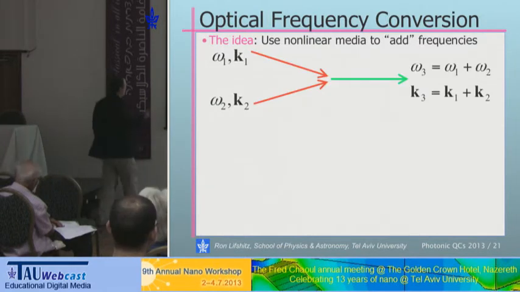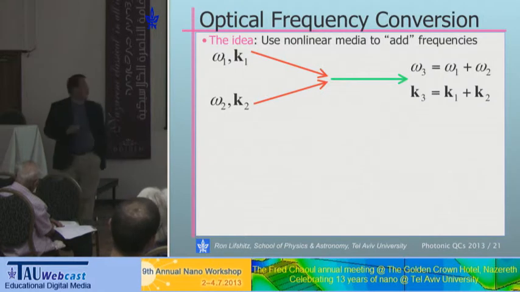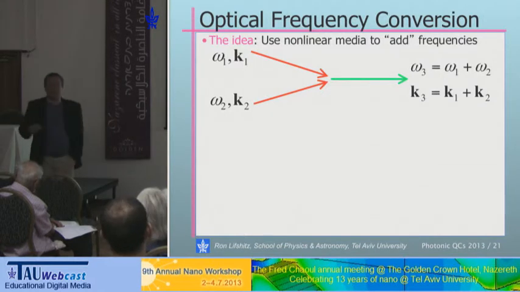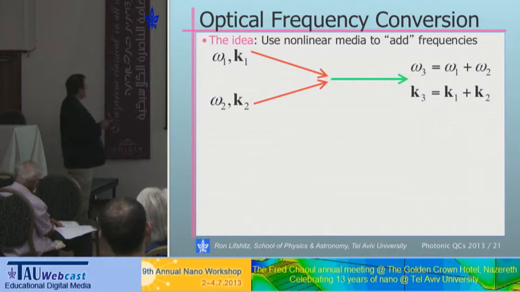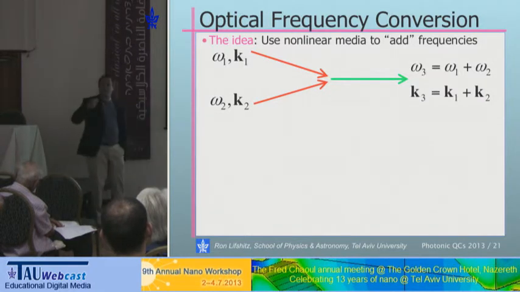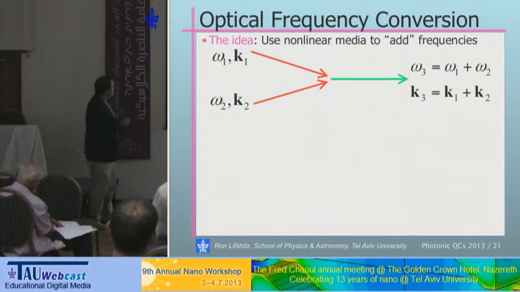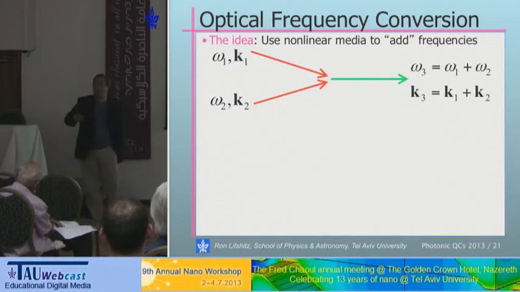So in general, what we want to do is, for example, take two infrared laser beams and add their frequencies. So you double the frequency: you take two photons, two elementary light particles with this characteristic, and instead of them, you generate a third, which has twice the frequency.